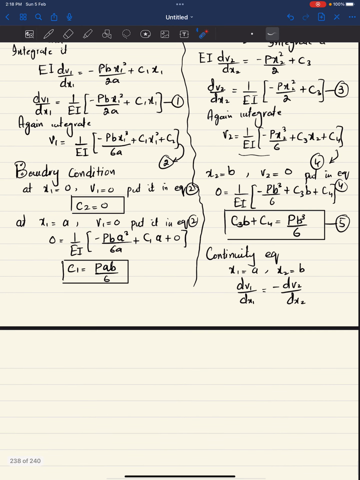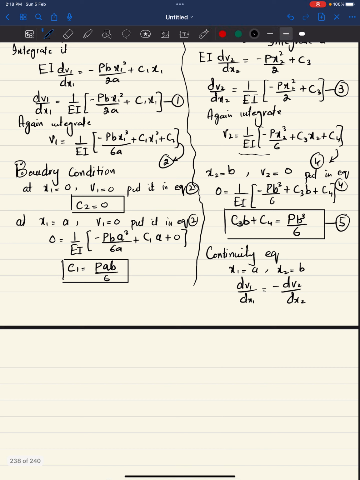Now you can see that we have dv1/dx1 as equation 1, and this is equation number 2. They are equal, but we will multiply minus with all this term.